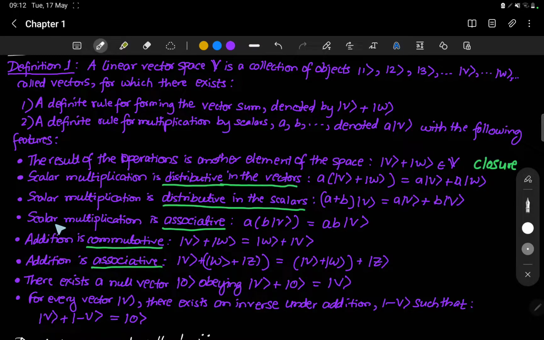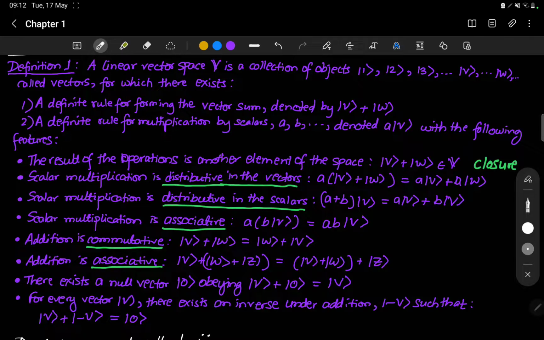Then scalar multiplication is also associative. Then addition is commutative as well as associative. And then the null vector needs to exist as well as the additive inverse needs to exist. So these are the 8 axioms.